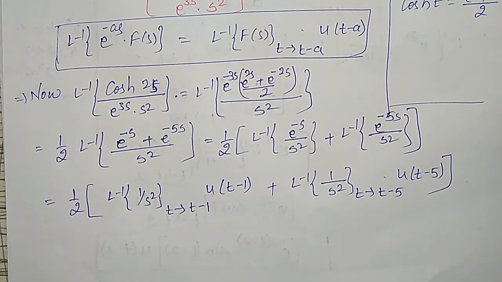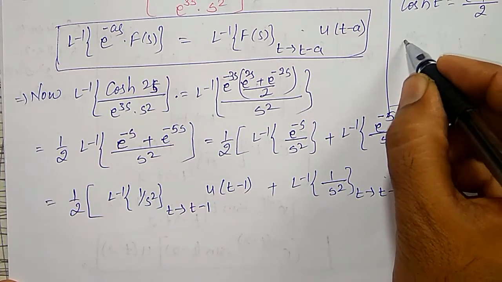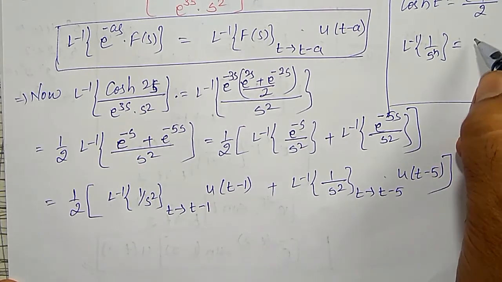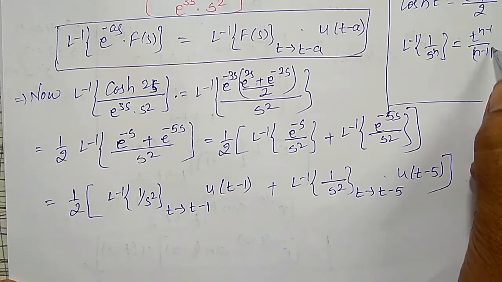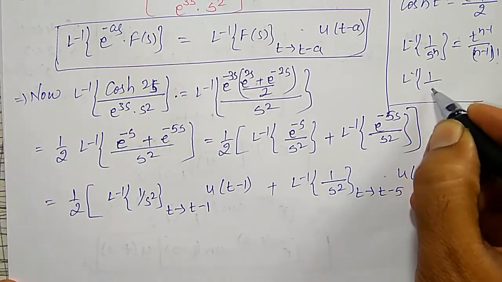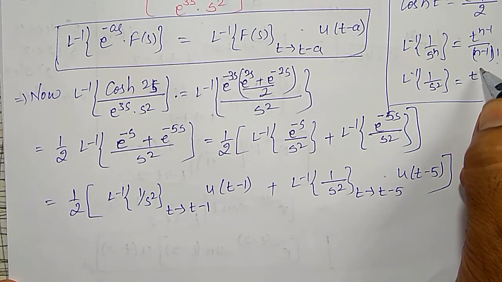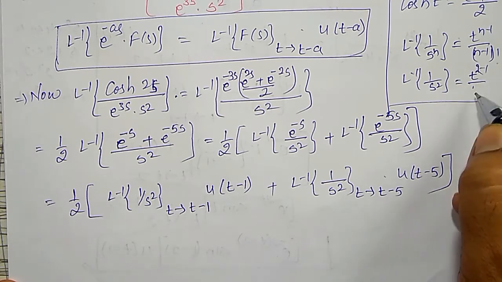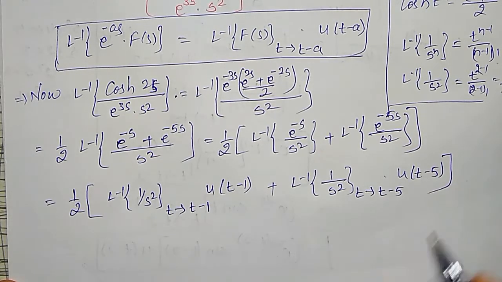Now inverse Laplace transform of 1 by s square, I will use the inverse Laplace transform of 1 by s to the power n, which is given by t to the power n minus 1 divided by n minus 1 factorial. Therefore inverse Laplace transform of 1 by s square will become t to the power 1 minus 1 divided by 2 minus 1 factorial, that is t.